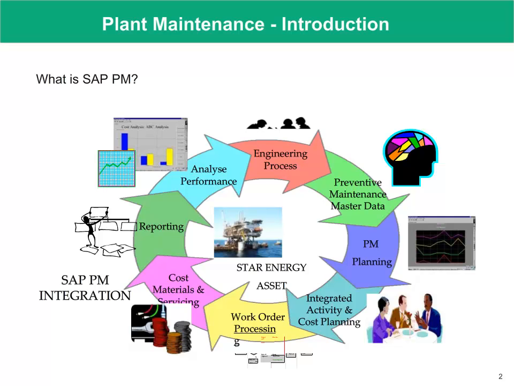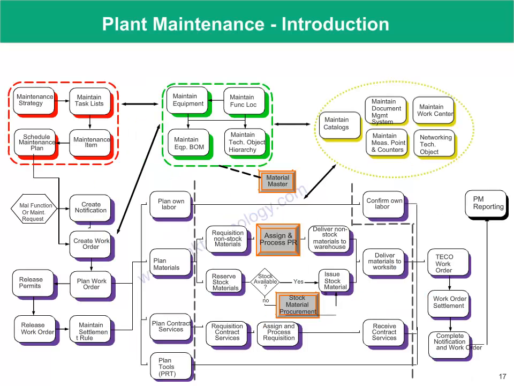Inspection, preventive maintenance, repair, constructing and modifying technical system, processing long-term maintenance projects such as shutdown, processing external services, capacity planning, scheduling, and resource planning, cost planning and determination, task-based, function, and object-oriented plant management. This is a very important slide to understand the functionalities of SAP Plant Maintenance Module.